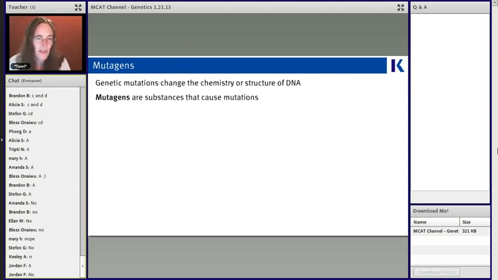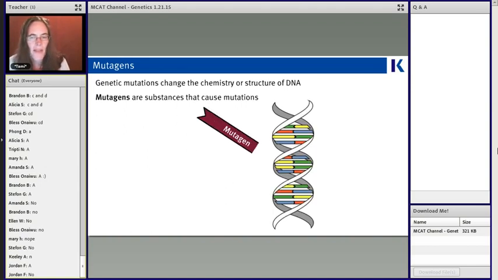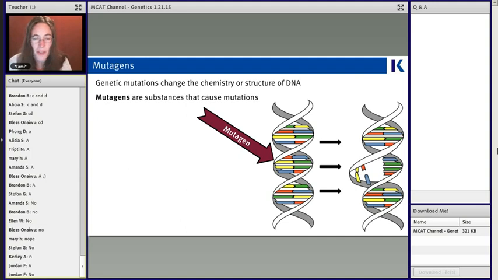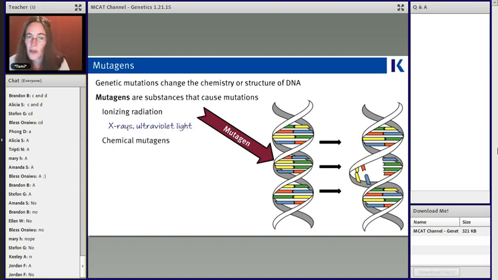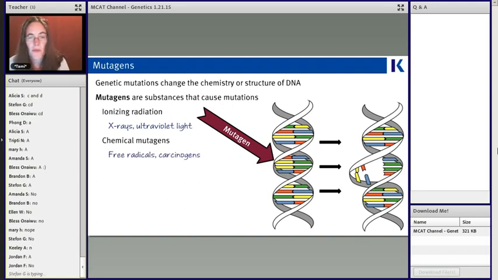These actually cause mutations, and they can be things that we somewhat do to ourselves, like ionizing radiation if we spend way too much time in the sun, but we all know to wear our sunscreen. Those X-rays, ultraviolet light as well. Chemical mutagens, which we expose ourselves to more and more every day. These can be free radicals, and these are things that are carcinogens.